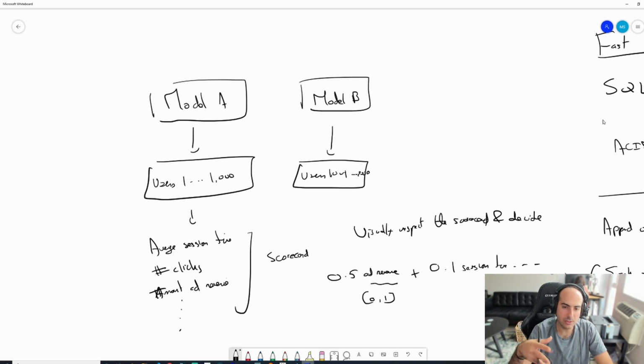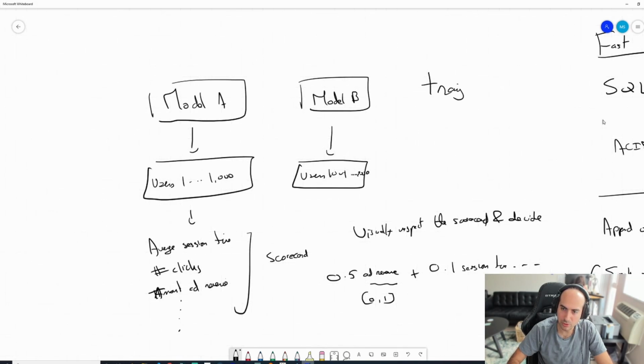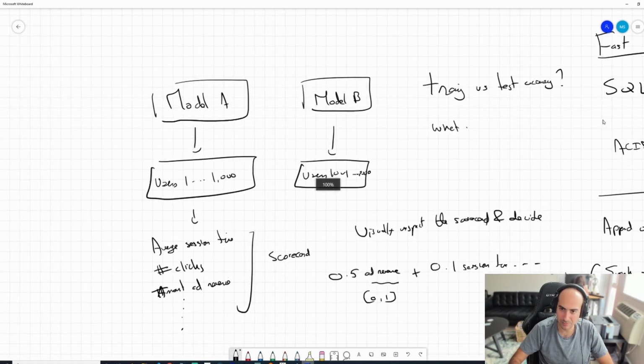So again, remember this is so different. We're not talking about training versus test accuracy or anything like that. What we're talking about in this case is what metrics are important for the business.